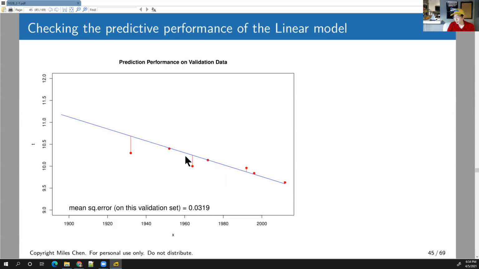I put those 7 points back, and it actually did a pretty good job for 4, even 5 of these points, with only a little bit of error on a couple of points. So the mean squared error for this set of 7 points is 0.0319. We would have different values for validation sets A, B, C, and D.